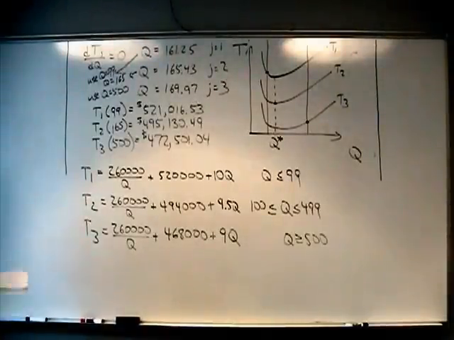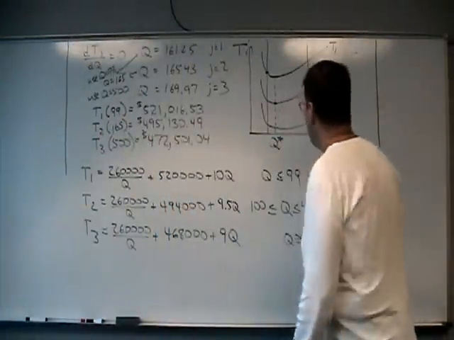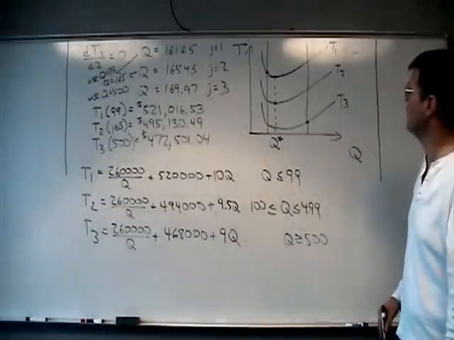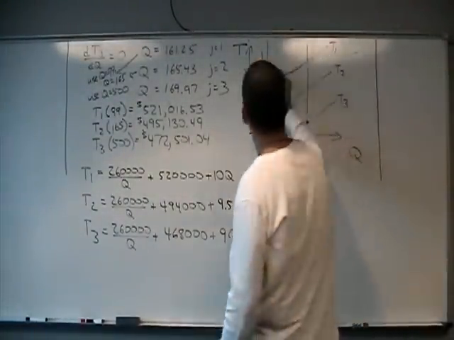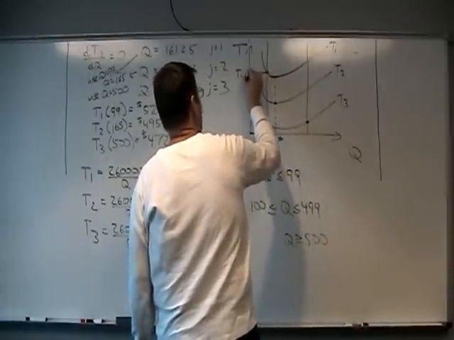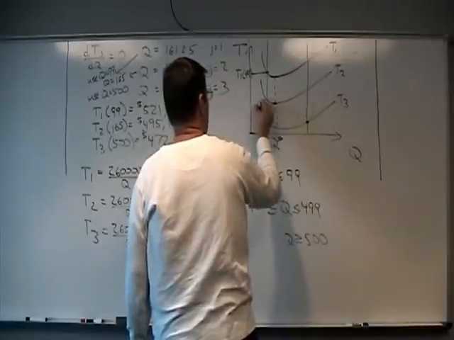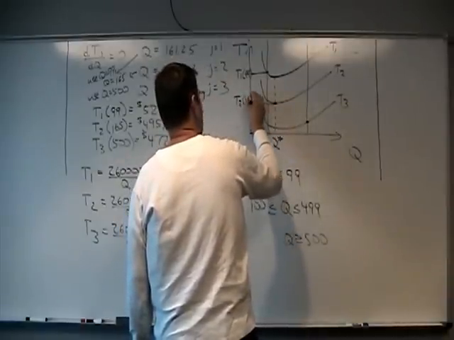So as you can see, the drawing that I gave you here is basically saying, here's the best situation. This right here is T1 of 99. This right here is T2 of 165.